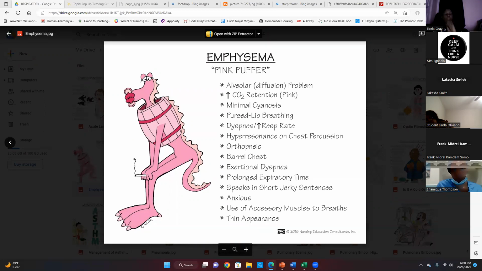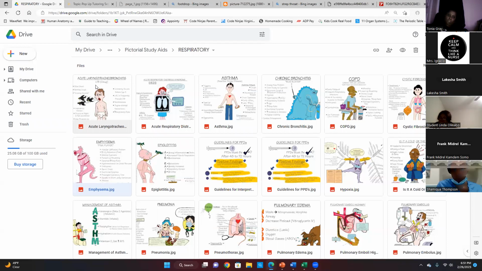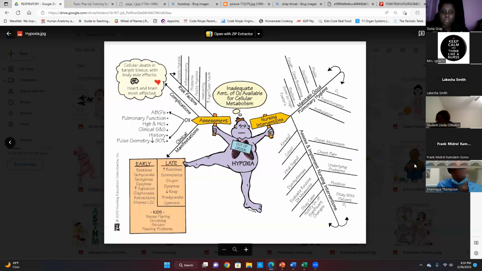All right, let's talk about a patient that is in respiratory failure. What are some of the signs and symptoms that I would see if a patient is in respiratory failure? Okay, so I would give them oxygen therapy.